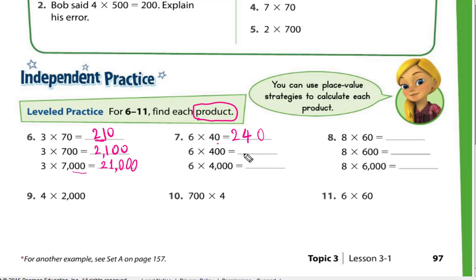The second one, the product is 2,400. Excellent. And the third one, the product is 24,000. Thank you, Muhammad. Thank you, my hero.